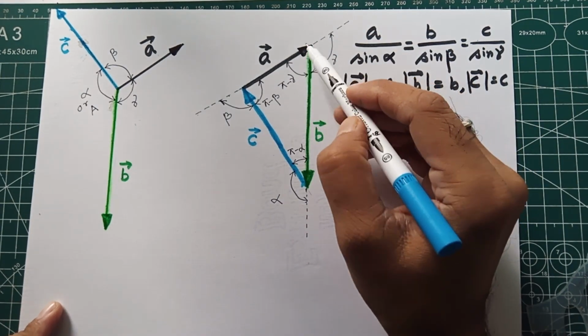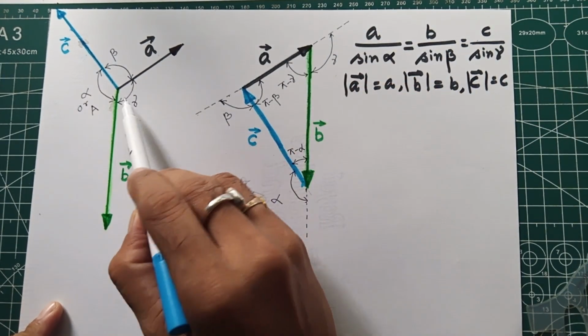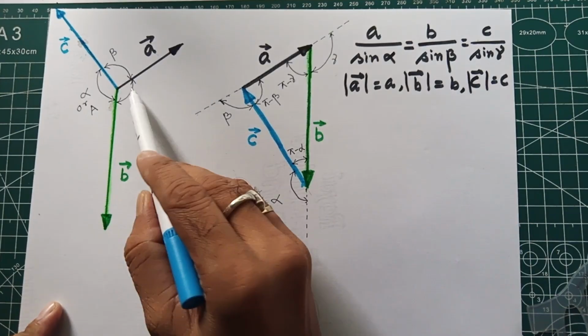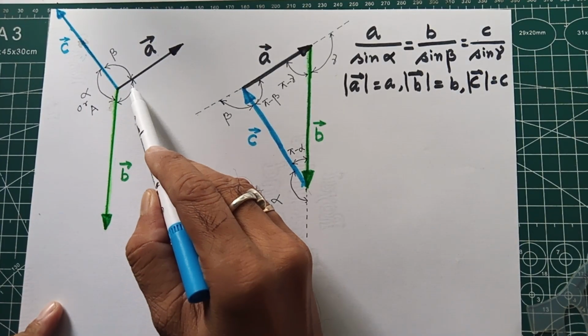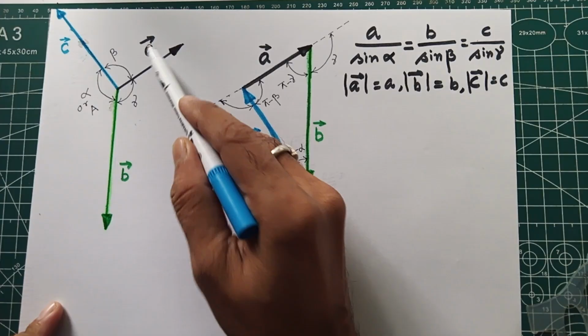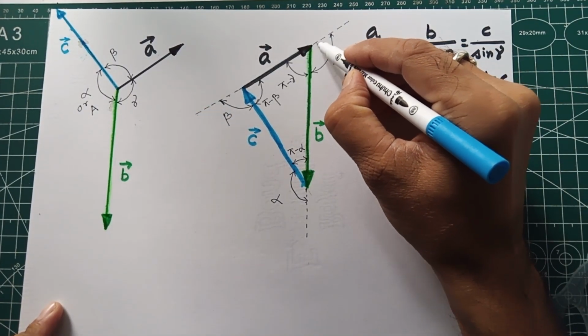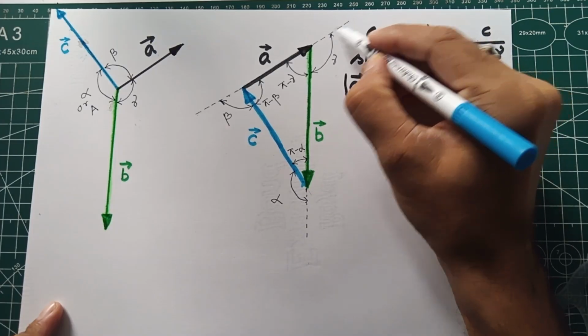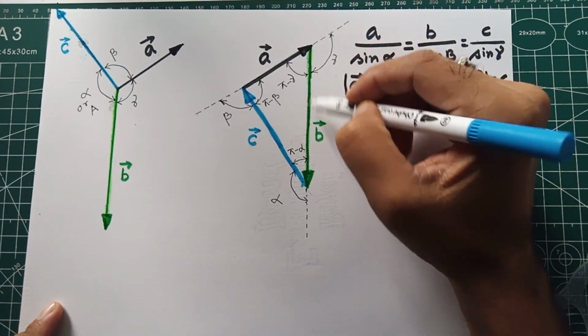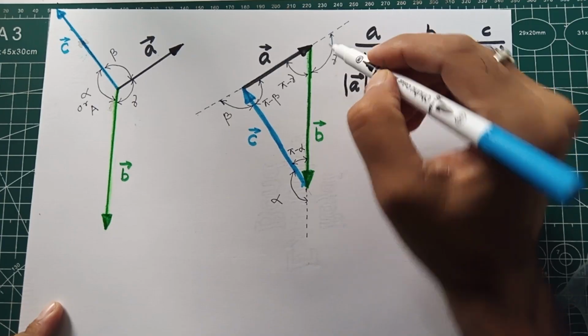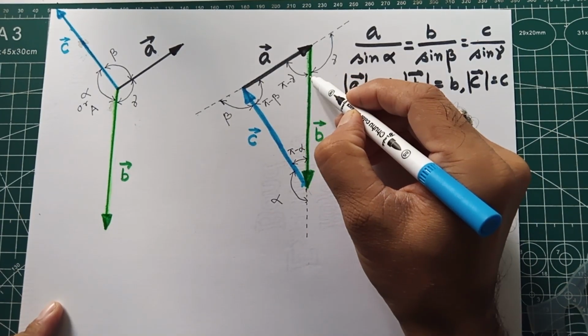Next is angle gamma. So what is the angle? Angle between A and B. So you see that at this point, if I draw A this way and then B this way, then it is gamma, and therefore this is pi minus gamma.